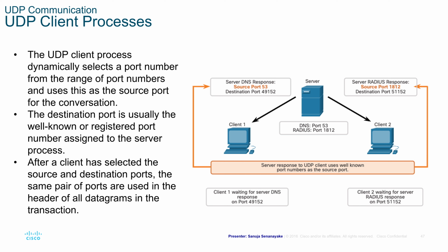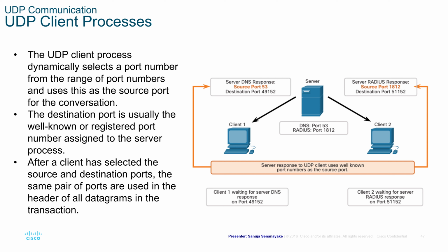So this is all you need to remember for UDP. The UDP client process dynamically selects a port number from a range of port numbers and uses this as the source port of the conversation. So it's just going to use a dynamic port as a source port. The destination port is usually the well-known or the registered port number, such as the RADIUS server having a specific destination port number.